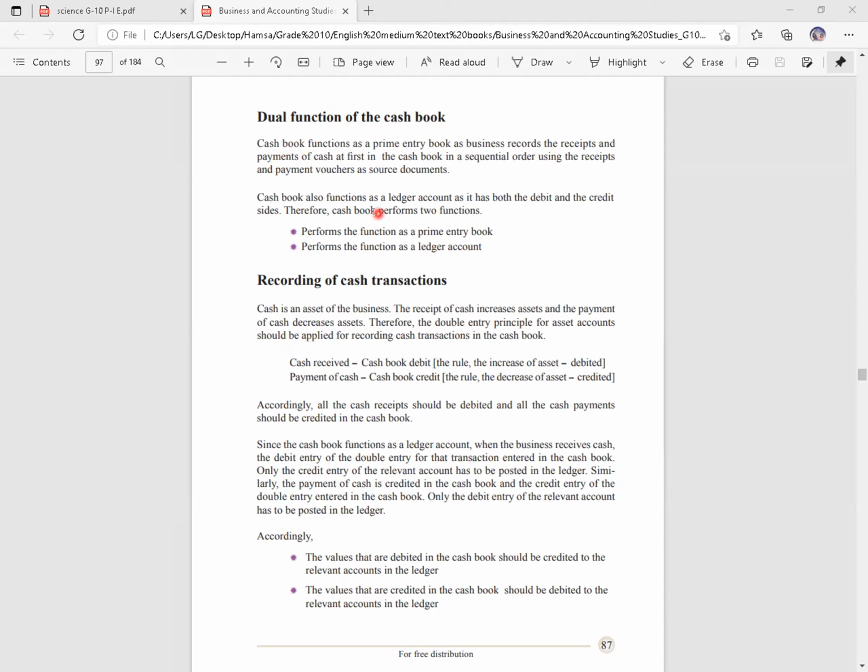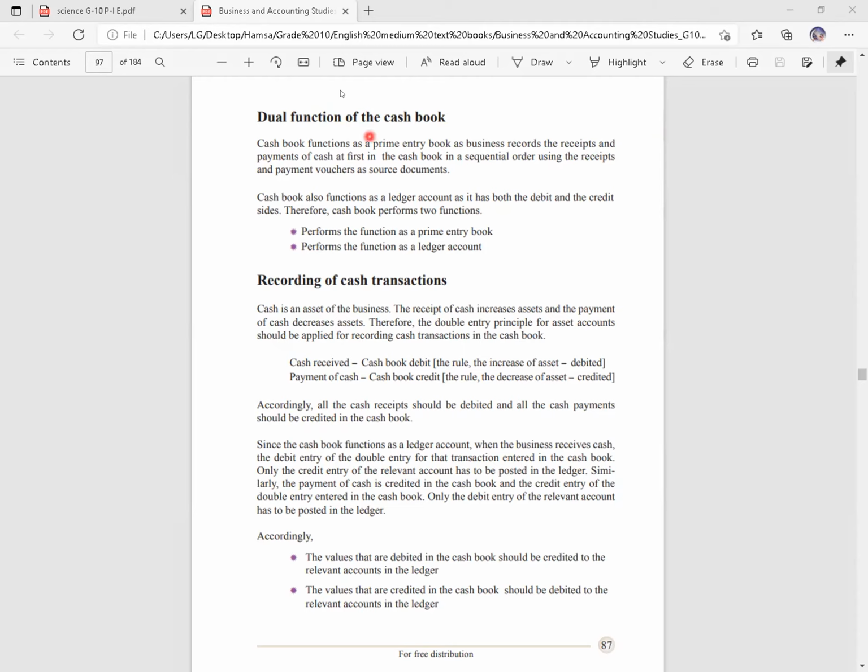So the cash book also functions as a ledger account as it has both the debit and credit sides. Therefore, the cash book performs two functions. It is acting as a prime entry book as well as a ledger account. When you are doing the cash book, you mention the debit side and the credit side.